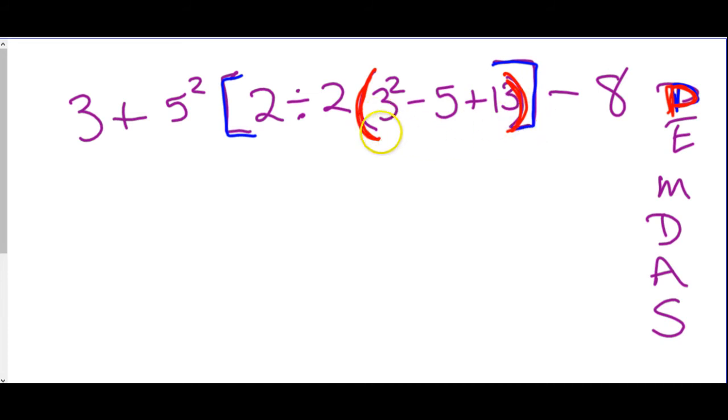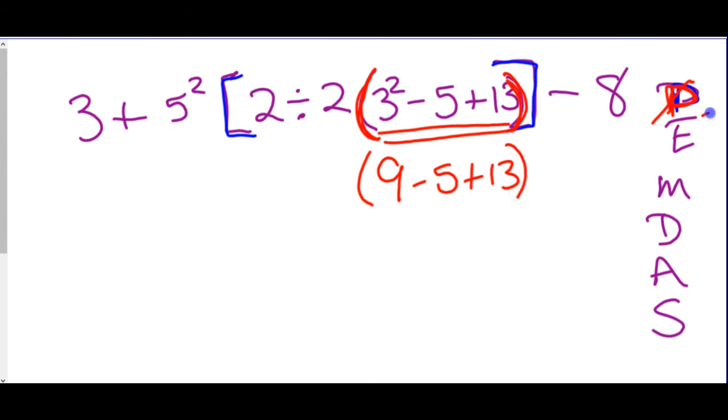So right now we're working just with the red underlined stuff. Inside those parentheses, we don't have another set of parentheses, so we can skip that. We go to exponents. We do have an exponent, so we have 3 squared is 9. 3 squared again is 3 times 3, which is how I got the 9.